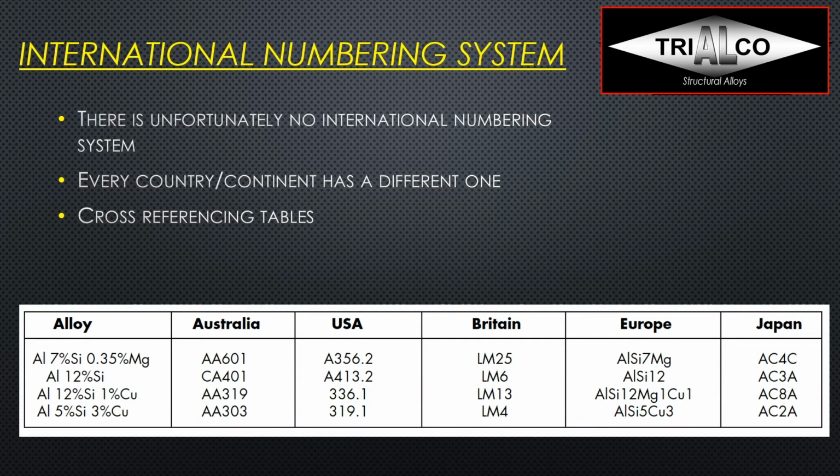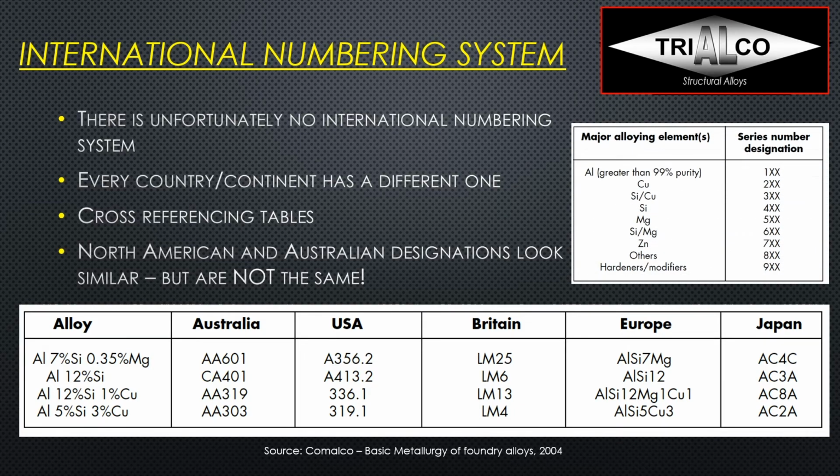Luckily, there are cross-referencing tables, and some of them can get really big, and sometimes not all of them really have an equivalent in other countries or regions. North American and Australian designations, they look very similar, but they are not the same, so be careful. If Australians talk about their 3-digit number, that doesn't mean that is the one that you think of.